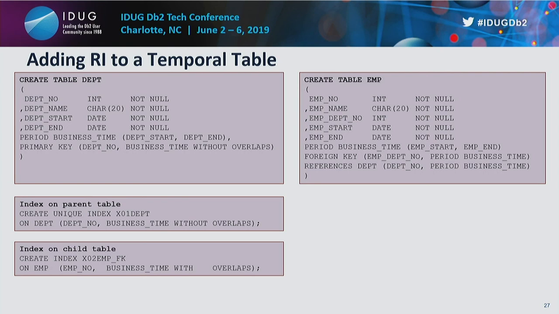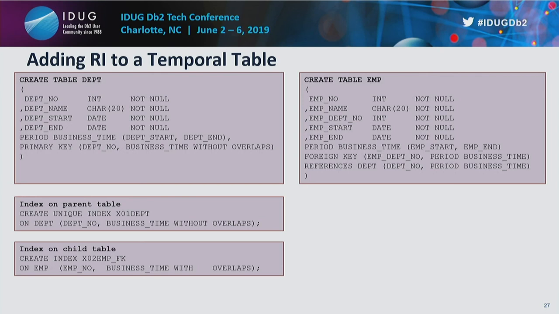And I have my employee table, which has the business time as employee start, employee end, and a foreign key going back to the department number and the business time. It references department number and business time. On the child table, I'm just creating a regular index, so duplicates are allowed, and that index is with overlaps.